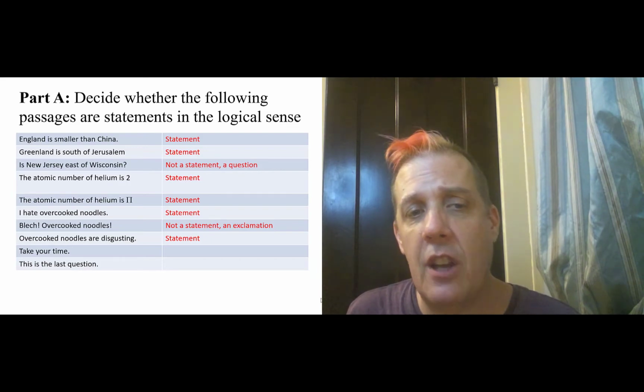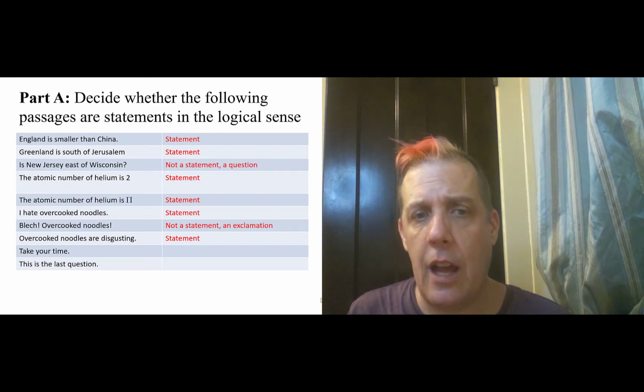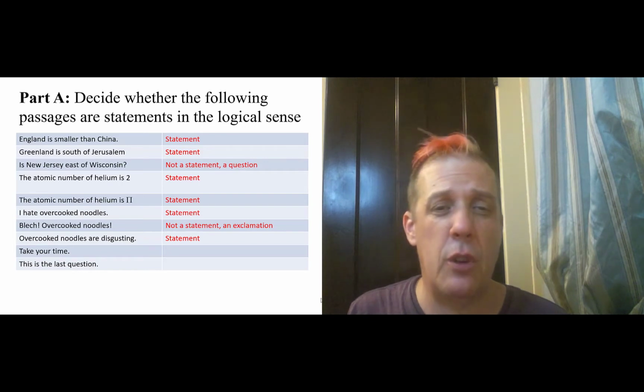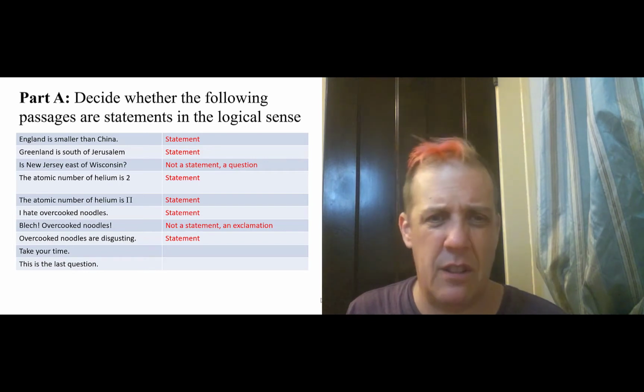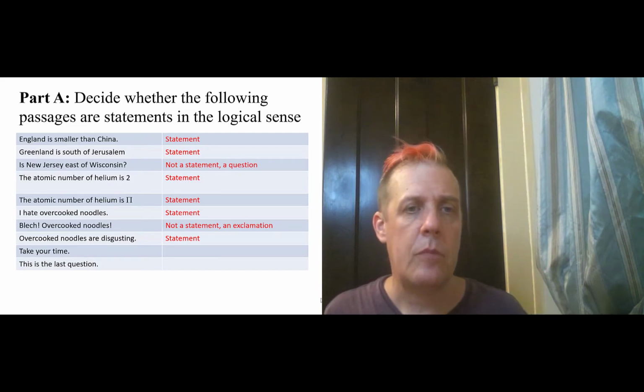It's funny because they all kind of do roughly the same thing, but only I hate overcooked noodles and overcooked noodles are disgusting have the form of a statement. Blech, overcooked noodles has the form of an exclamation, even though you could use them all in roughly the same contexts.